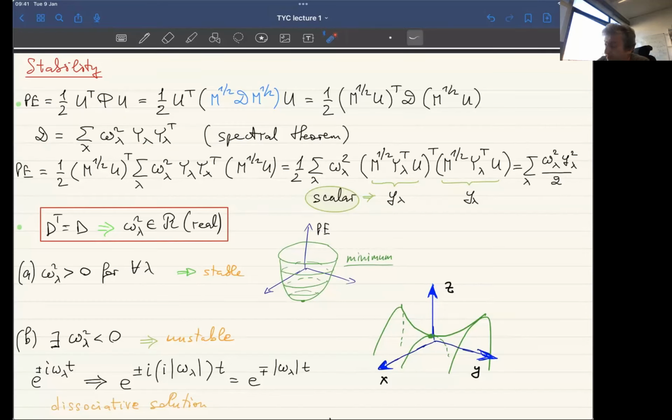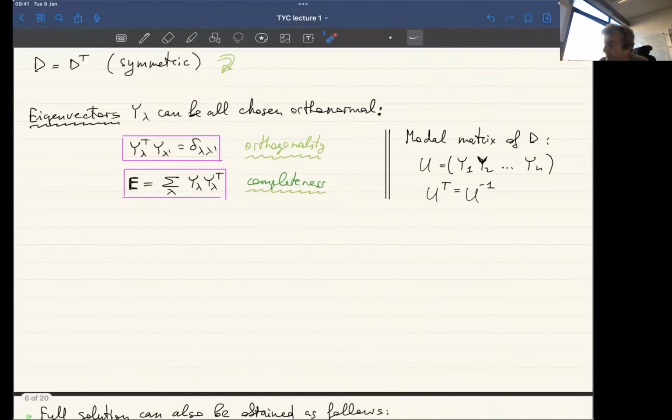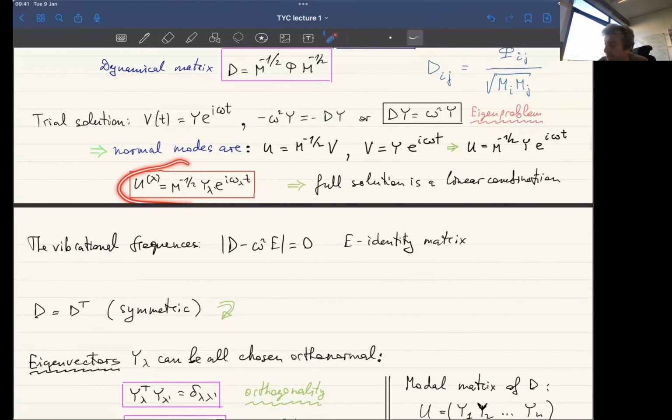So I can always write the matrix in that form. If I plug this in here instead of the D and again collect terms, I will arrive at something like this. There will be a sum over all eigenstates of my dynamical matrix. Omega squared would appear as a parameter, and here I will have two scalars, y lambda and y lambda, and these are exactly the same as we obtained here.